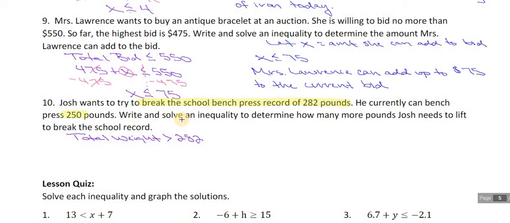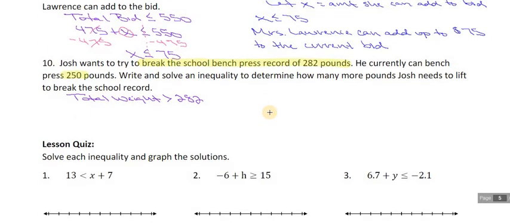You're tying it. So our total weight that Josh lifts needs to be greater than 282 pounds. So he currently is bench pressing 250 pounds. We need to figure out how much he needs to add to his bench press in order to break the record. So we'll call that X and finish writing out our original inequality.